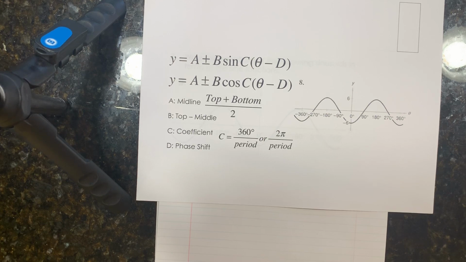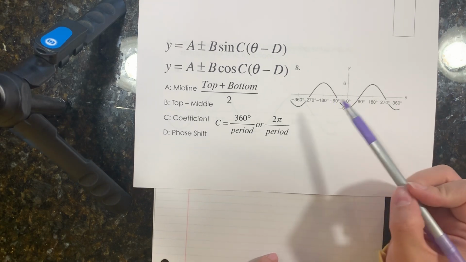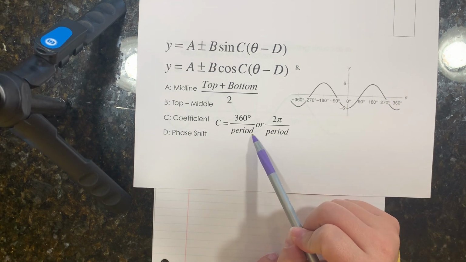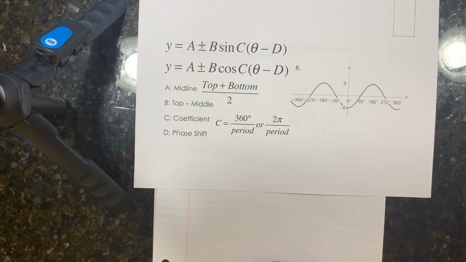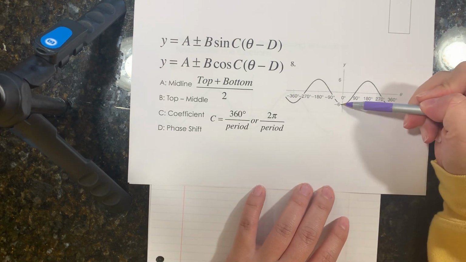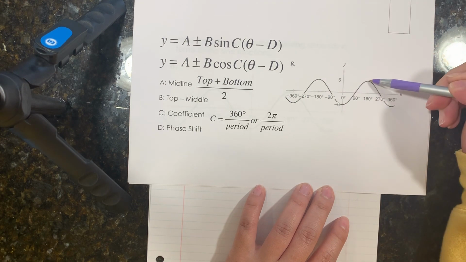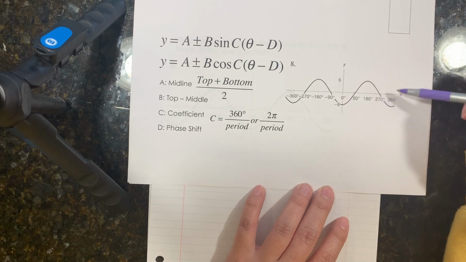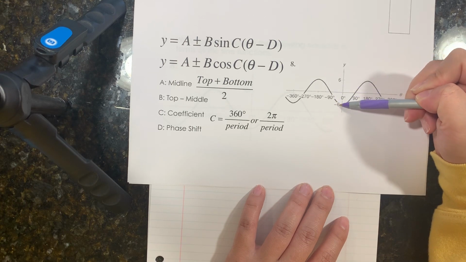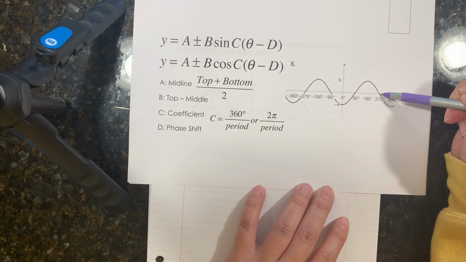This is what a normal curve looks like compared to the curve that you are given. Normally the length of the period is 360 degrees or 2 pi radians. You calculate c as 360 divided by the length of the period. You can calculate the length of the period from base to base, from peak to peak, or one full rotation, which would start on the x-axis, circle down, circle up, and end right here.